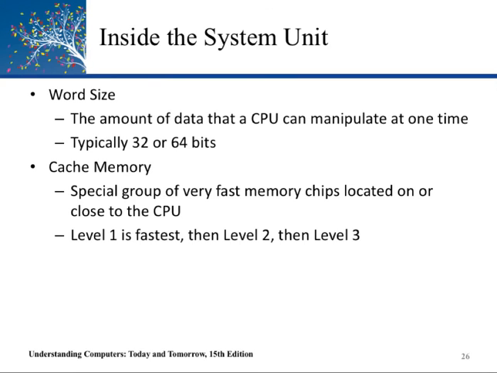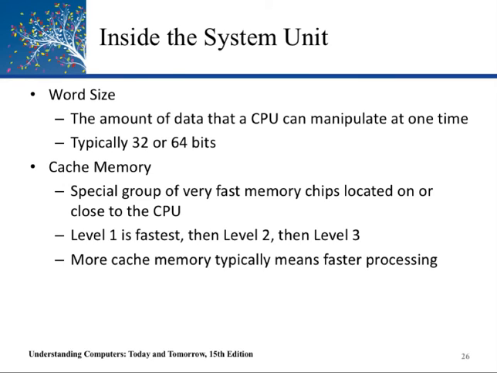Level 1 is the fastest, and then level 2, and then level 3, each getting a little bit slower. When you're buying a computer and they say these numbers to you about cache, typically the more, the better. And this isn't something you can upgrade later. The cache is built into the chip itself. So if you can afford to get more initially, it will pay off later.